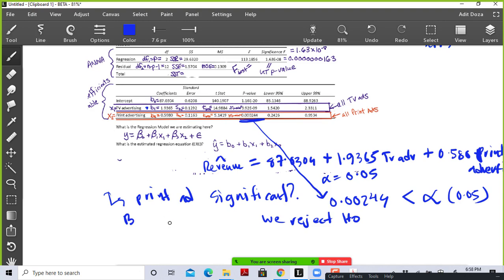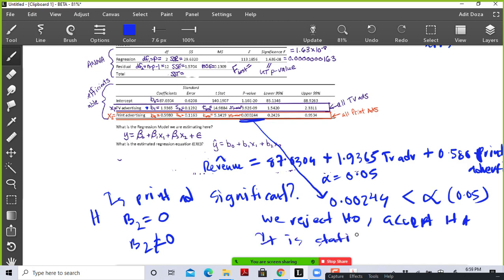Print advertisement is beta 2, so you assume beta 2 is 0 and the alternative is not 0. Since we reject the null, we accept HA, that means it is statistically significant. Yes, it is different from 0.